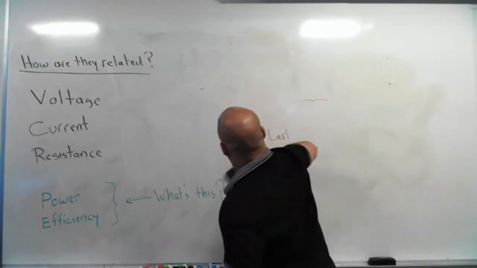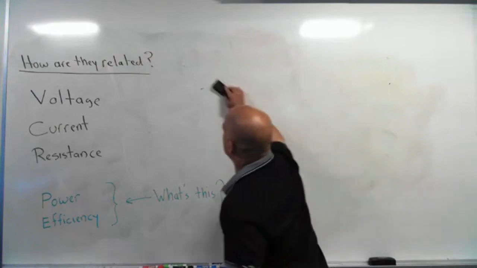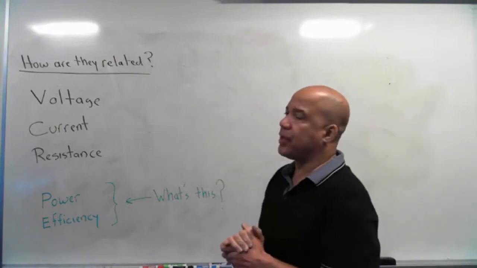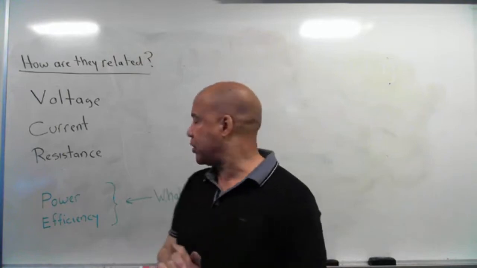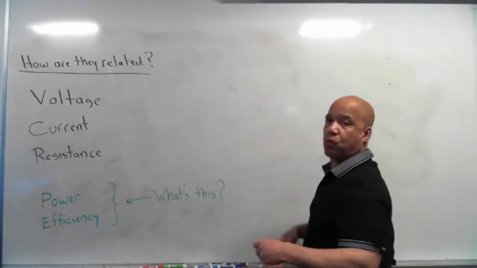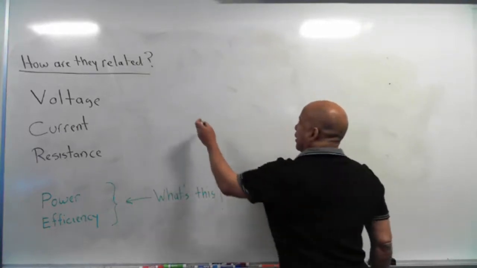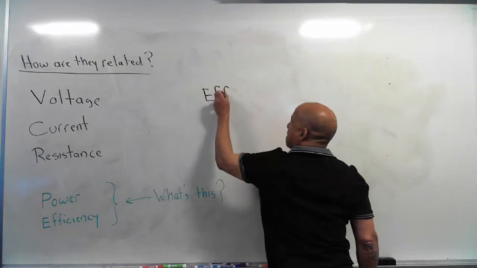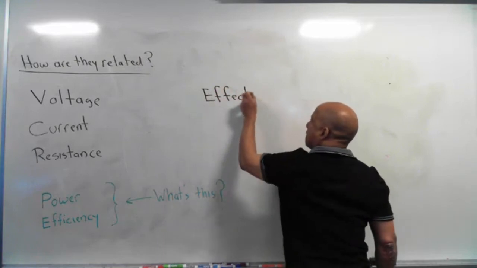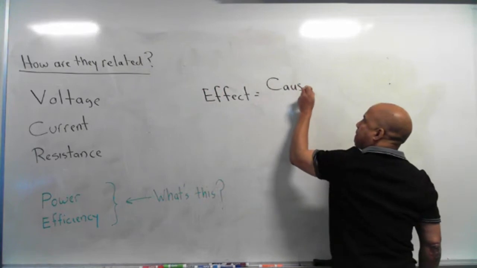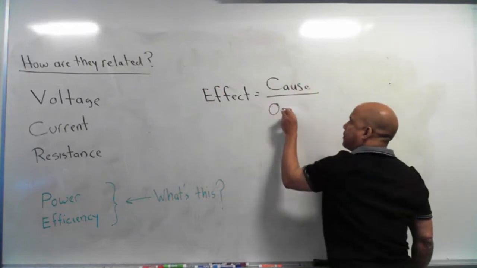And I want to talk about voltage, current, and resistance. How are they related? I'm going to start with this. In physics, there's a general rule or principle that says effect equals cause over opposition.